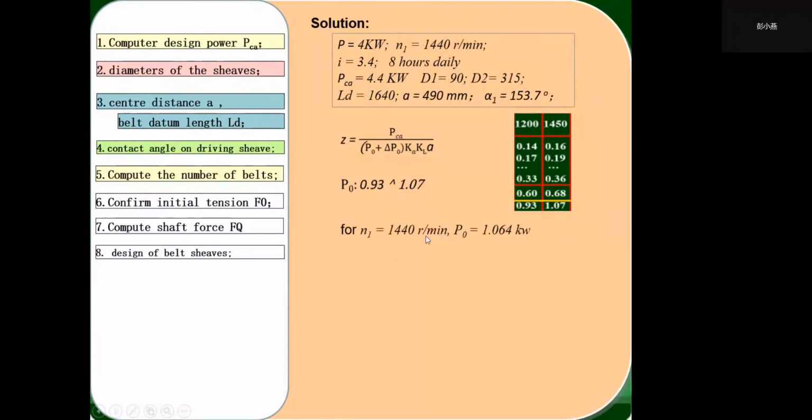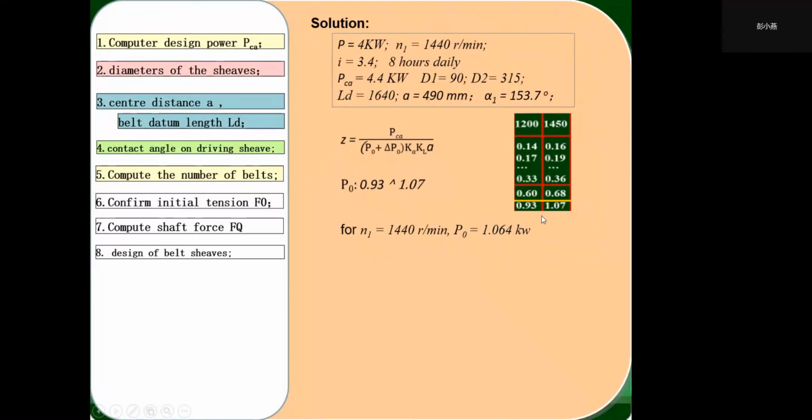And then we calculate the P0 when the speed is 1,440, and P0 is 1.064. This is the calculated P0 from the table by interpolation.